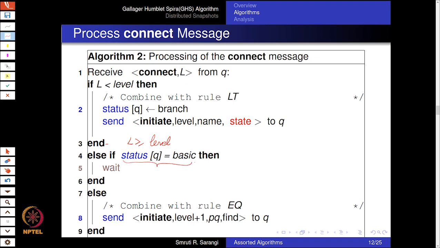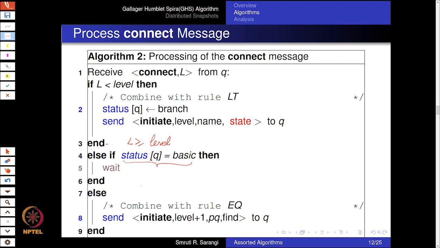If the status of the edge is basic, then I wait. What does this mean? This means that I have not made any decision about this edge. Even if I have sent a test message on this edge, I have technically not made a decision because I have not gotten any accept or reject, and so I wait.